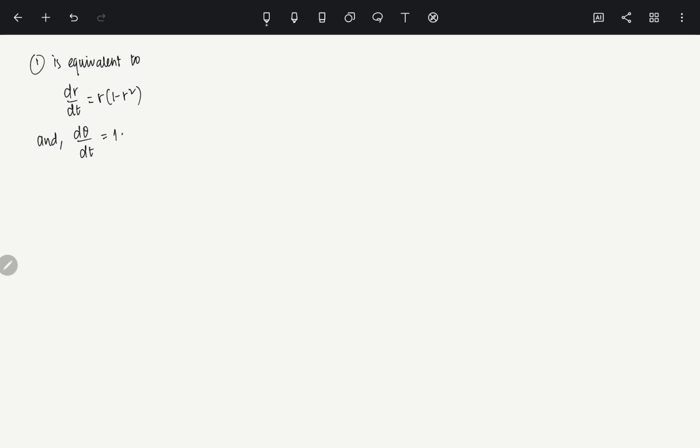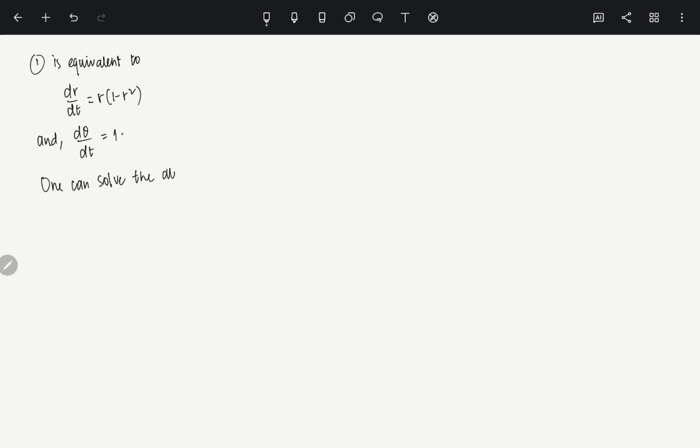Now we can easily solve this system. Why? Because the first equation is independent of theta, and the second equation is independent of r. So we can solve the problem separately.